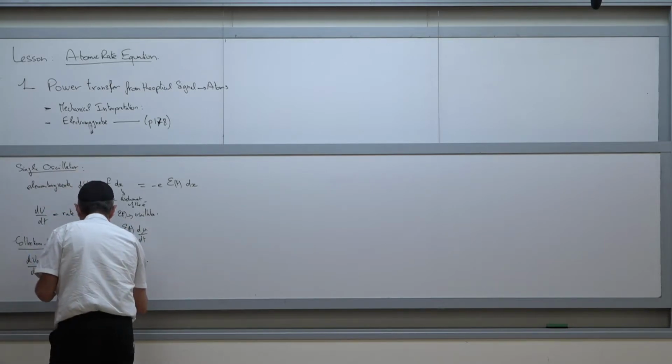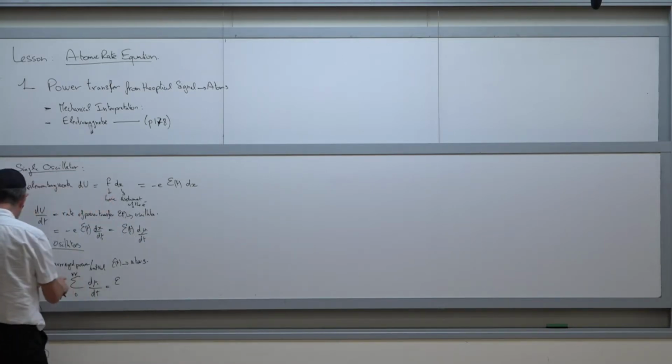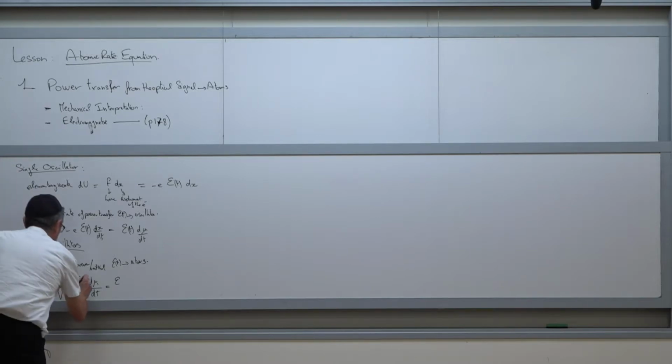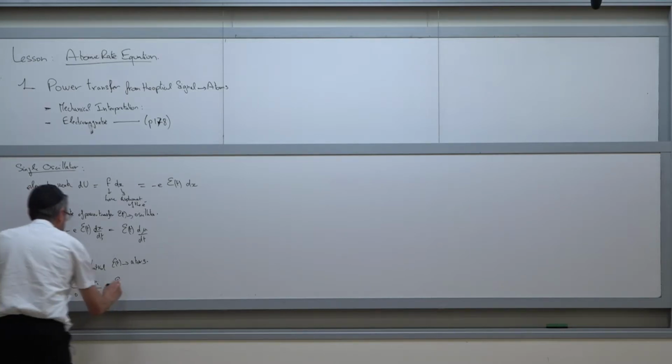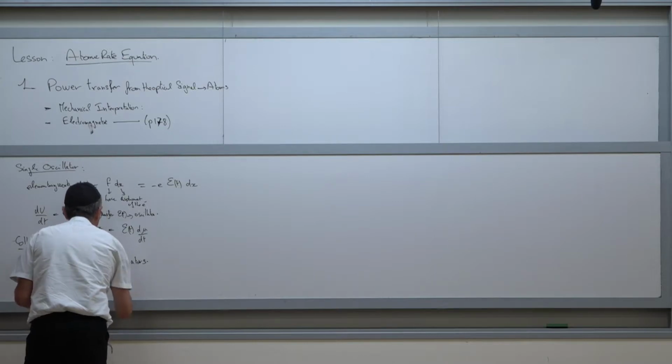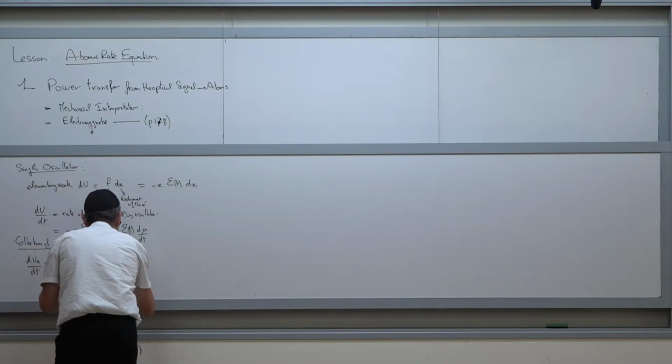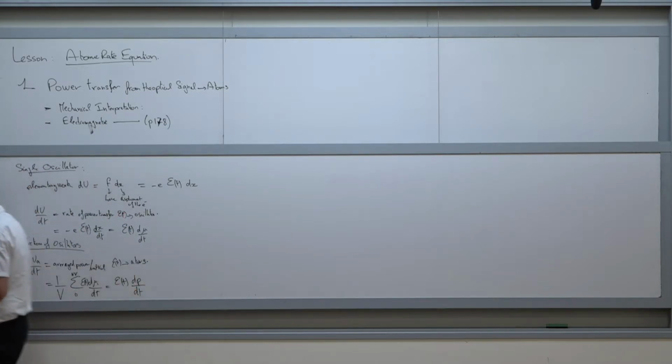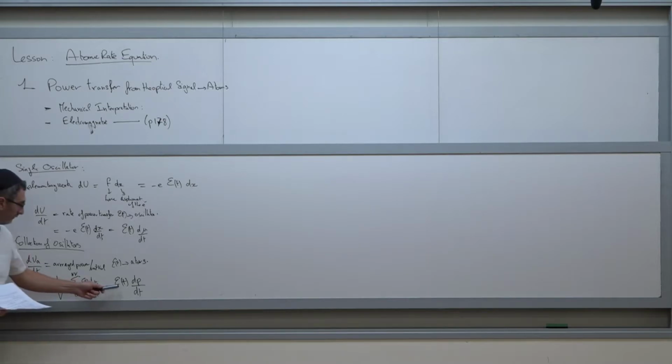So it gives you, I forgot epsilon here, E of t times dP over dt, where P again is the electric polarization. So this is simply the product of the field times the derivative of the polarization. We can calculate that.